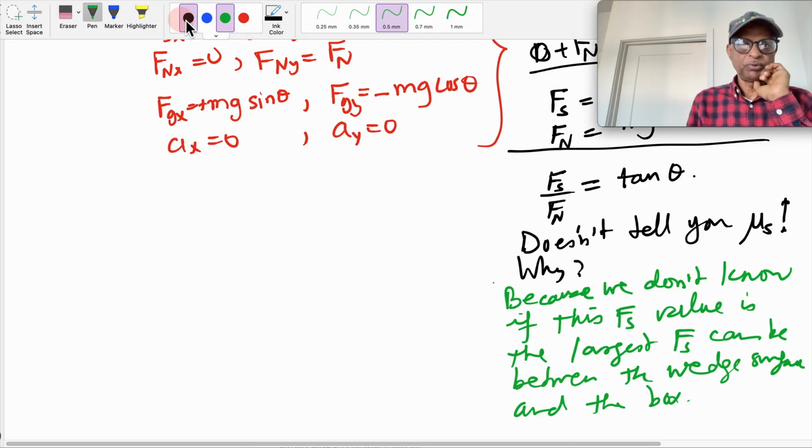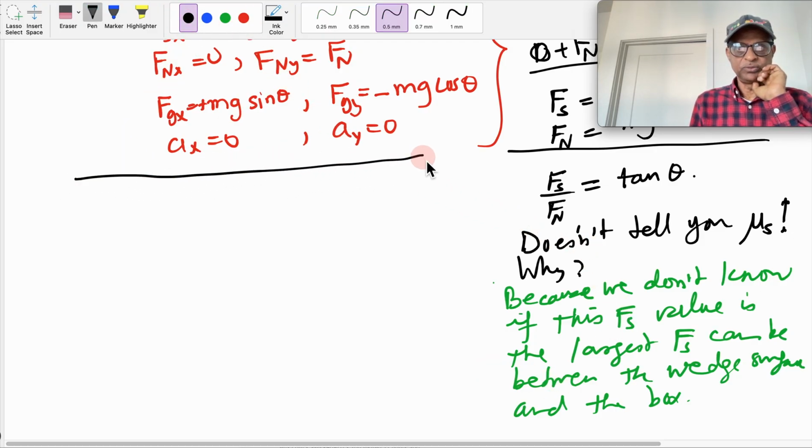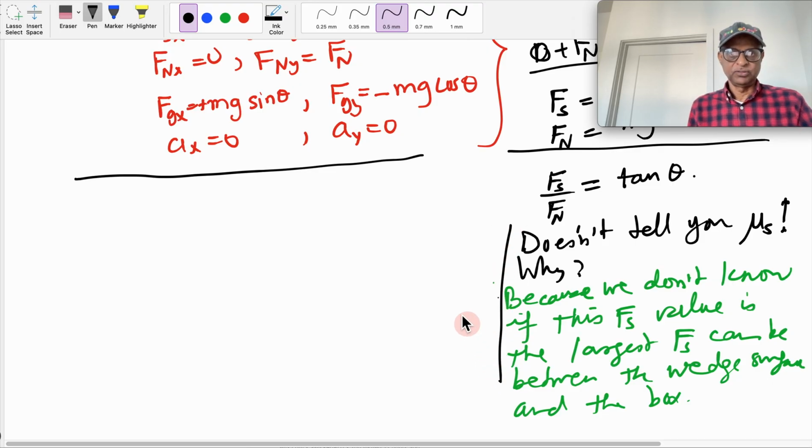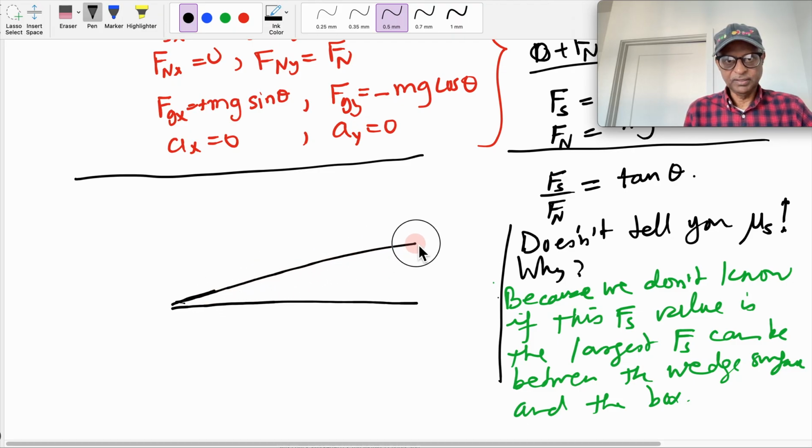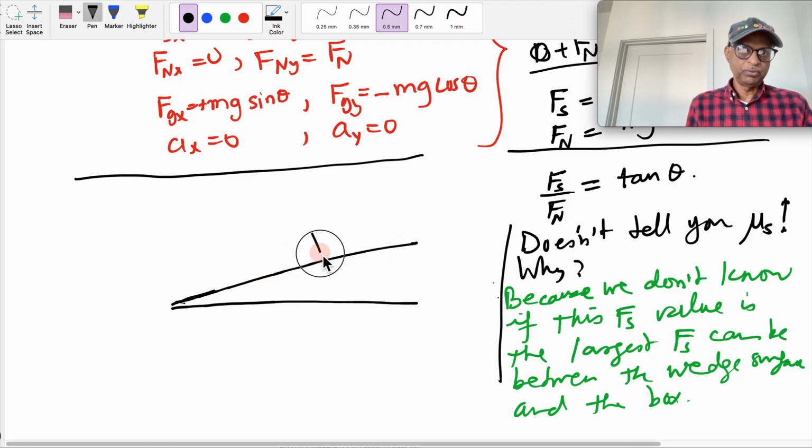So often problems are designed to actually get this. So what you say is, okay, I have this surface and the incline is very low. I put the box, it doesn't slide.